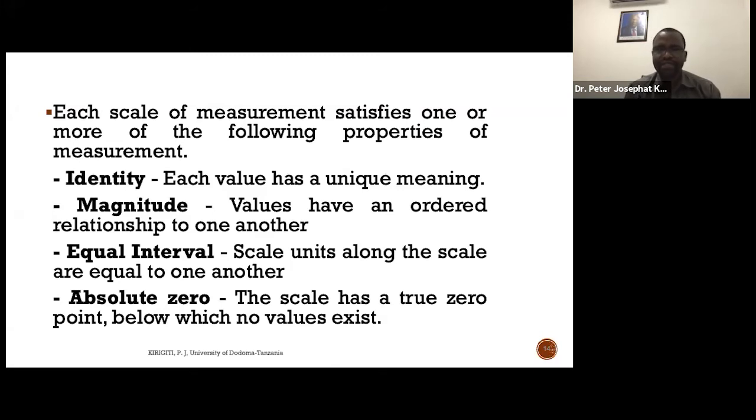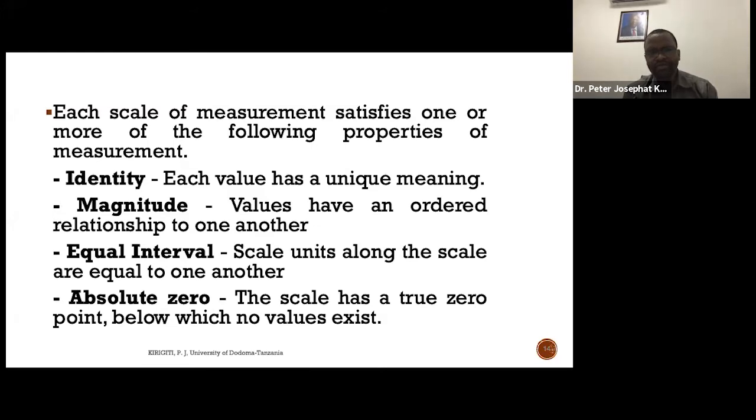Another property is the property of equal interval. That means scale units along the scale are equal to one another. And the last property which differentiates these 4 measurement scales is the absolute zero. That means the scale has a true 0 point below which no value exists. For instance, consider temperature as a variable.